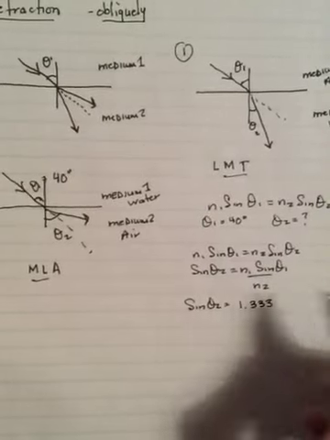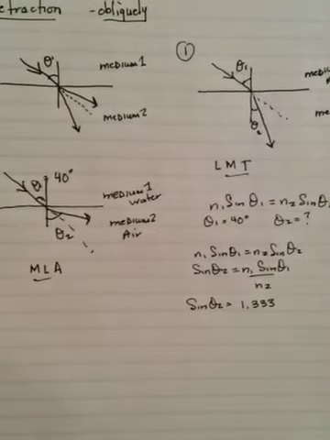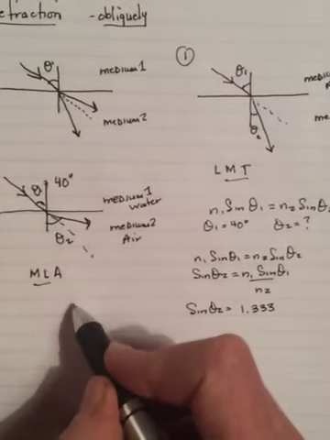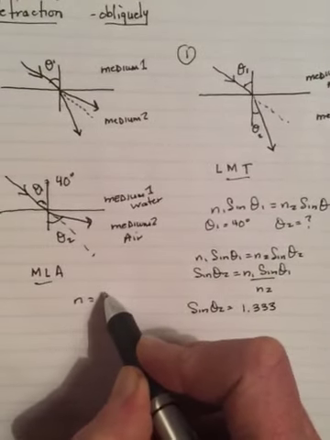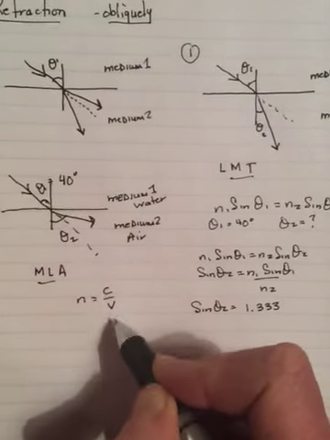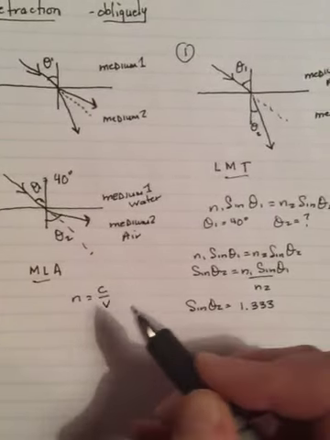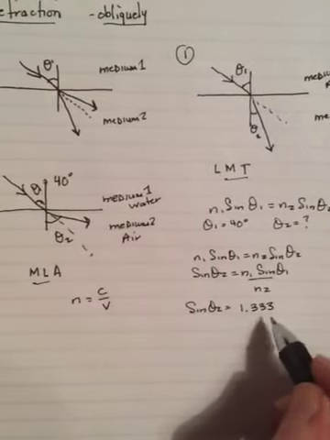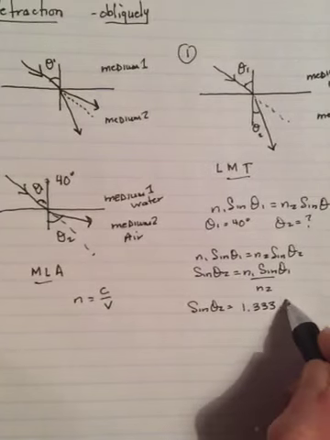Okay, no units because n's are just a ratio or a comparison of the speed of light. Remember this equation we saw today, the speed of light in a vacuum divided by the speed in any other medium. It's going to be meters per second over meters per second, and they're going to cancel, no units. So index of refraction doesn't have any units.